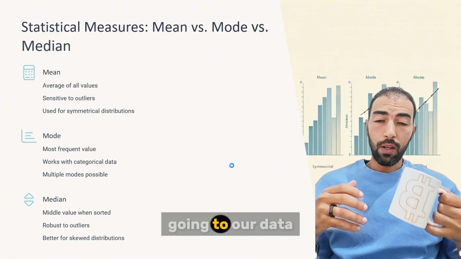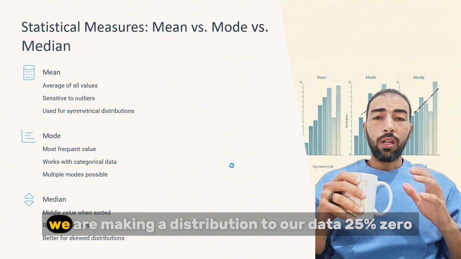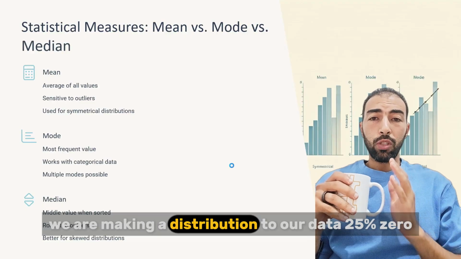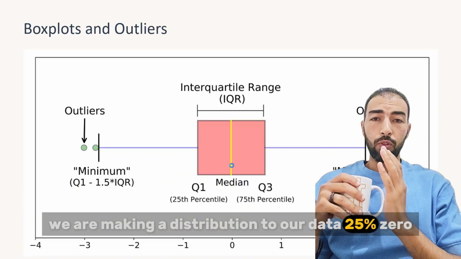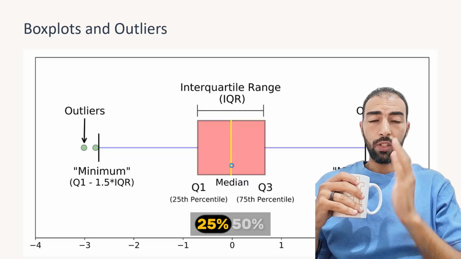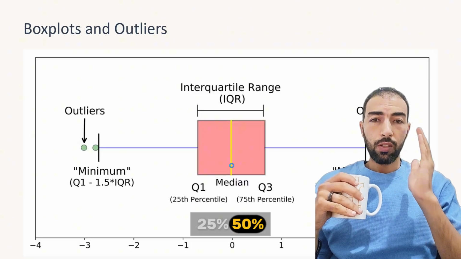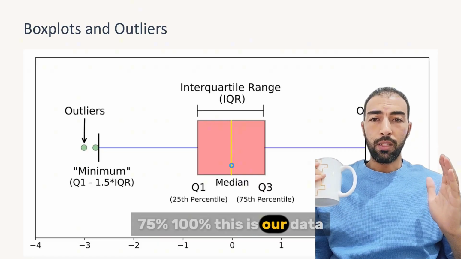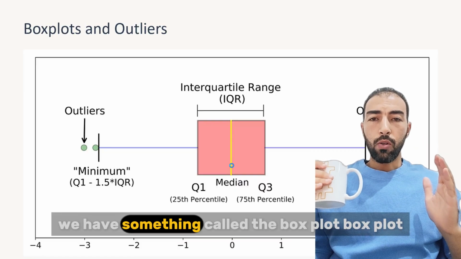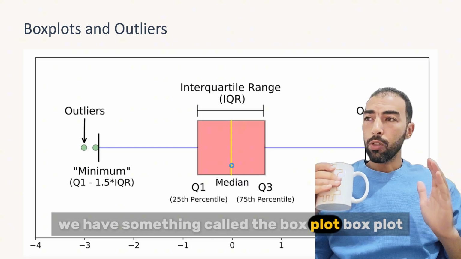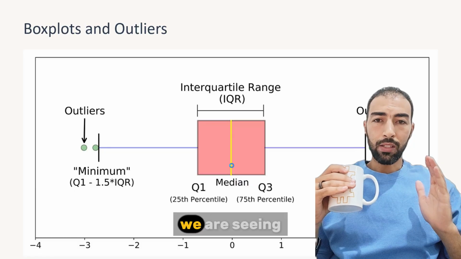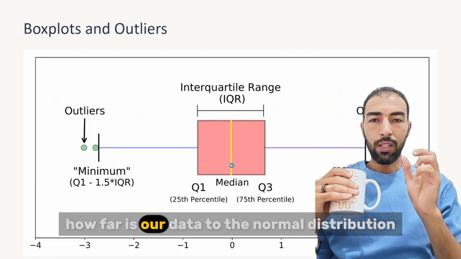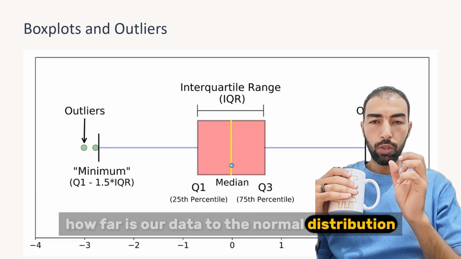Going to our data, we are making a distribution of our data: 0, 25%, 50%, 75%, 100%. This is our data. We have something called the box plot. In the box plot, we are seeing how far our data is from the normal distribution.